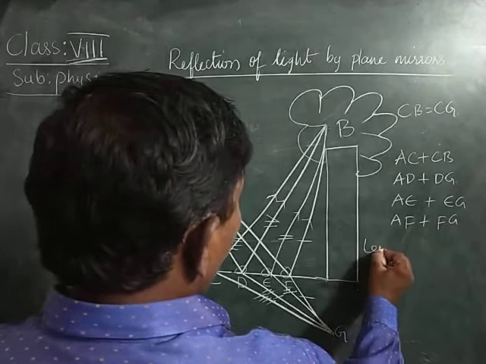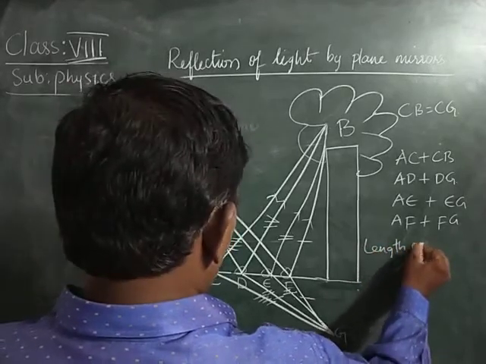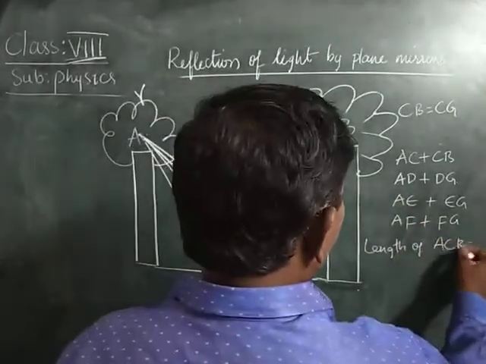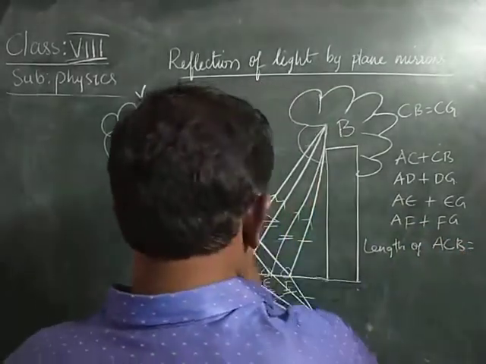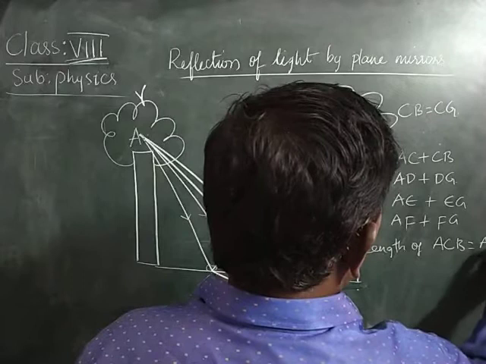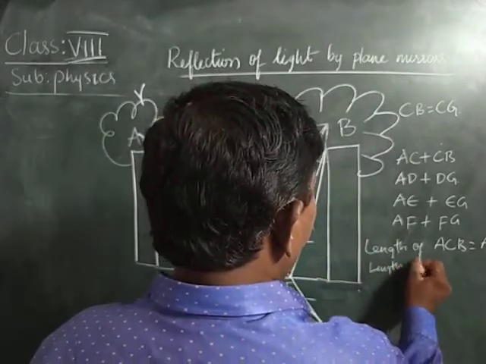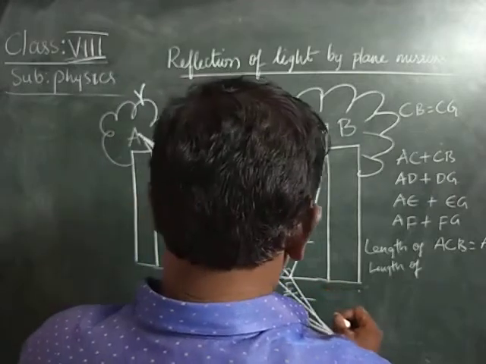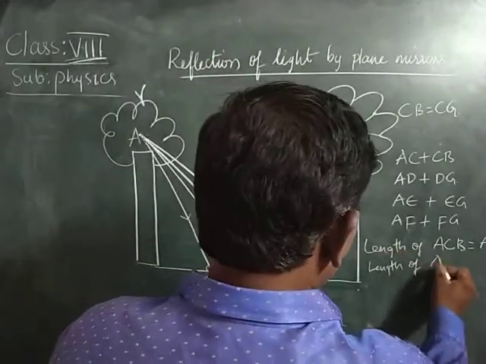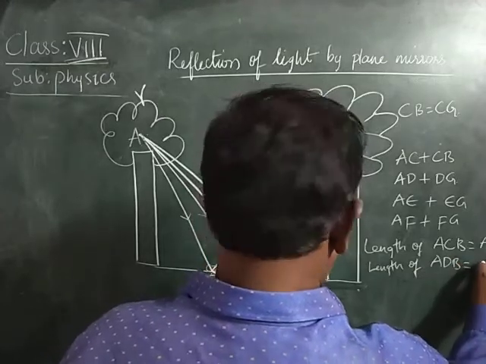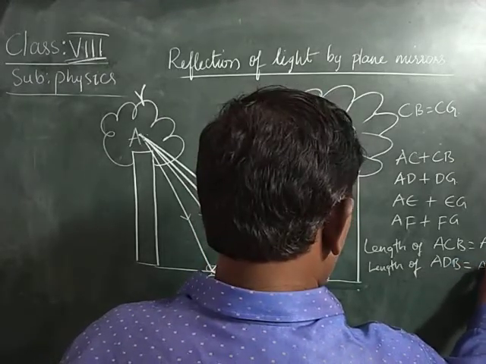Length of ACB is equal to ACG. Length of ADB is equal to ADG.